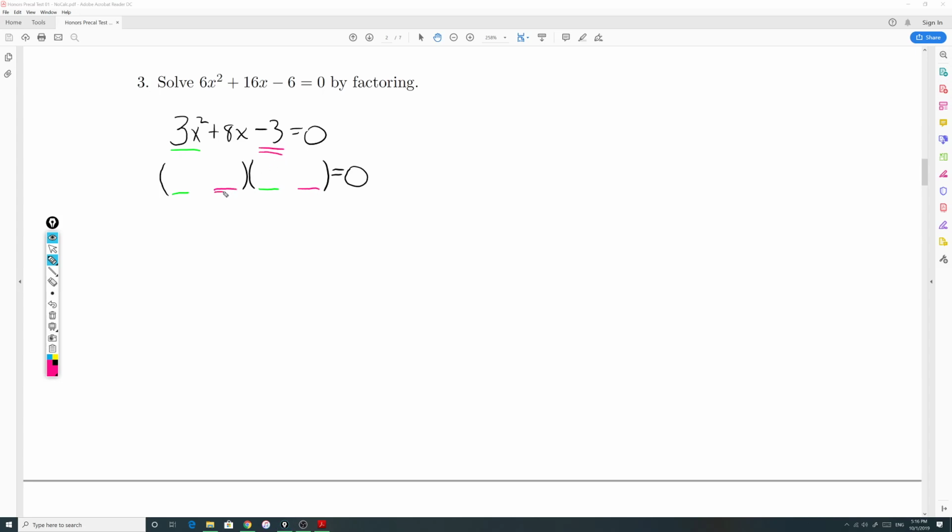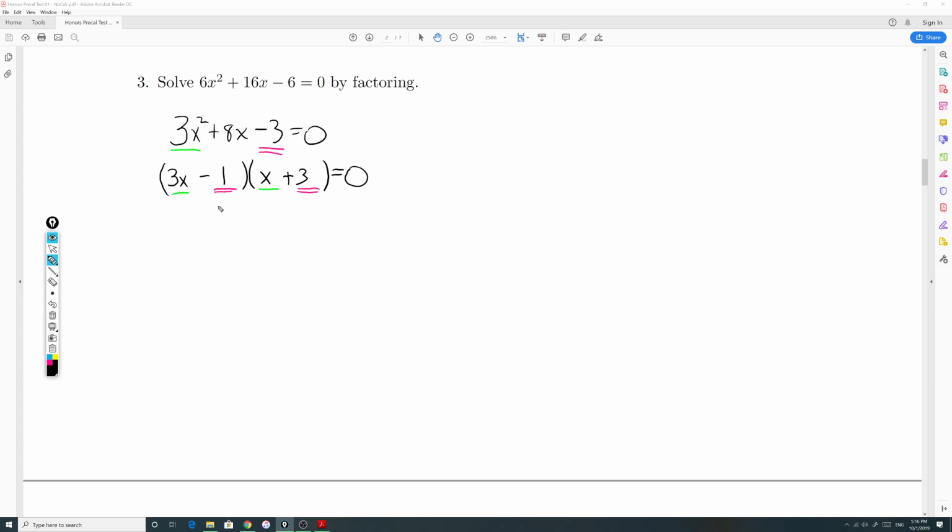Here, I'll underline this twice in case anybody is colorblind. This one's not too bad. Since 3 is a prime number, there aren't all that many possibilities. 3x times 1x gives us 3x squared. And negative 3, I believe that's going to be a plus 3 here and a minus 1 here.